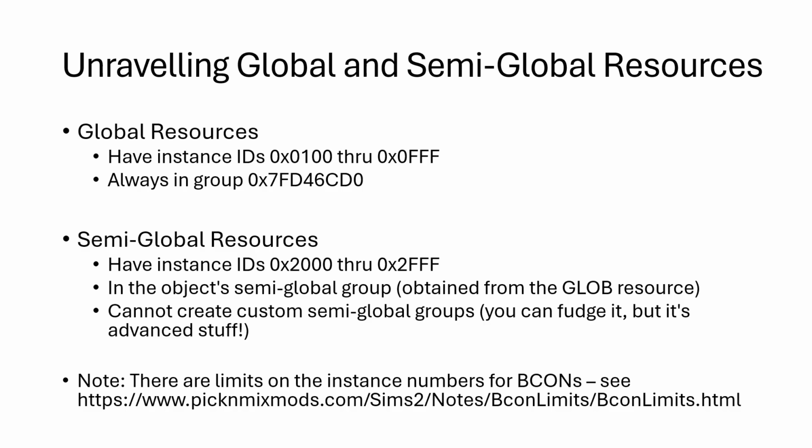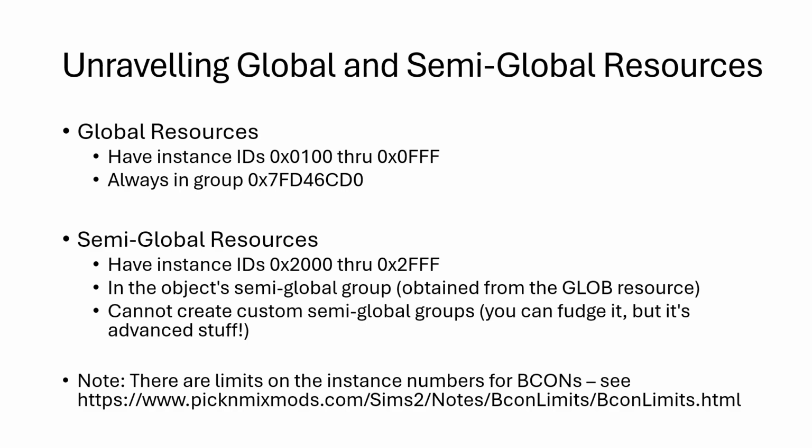And they are always in the global group, that's 7FD4CD0. So any resource with an instance in 100 through FFF, and in that group, can be accessed by any object. So they are truly global. Anything can get to them. It's resources which are shared by everything.